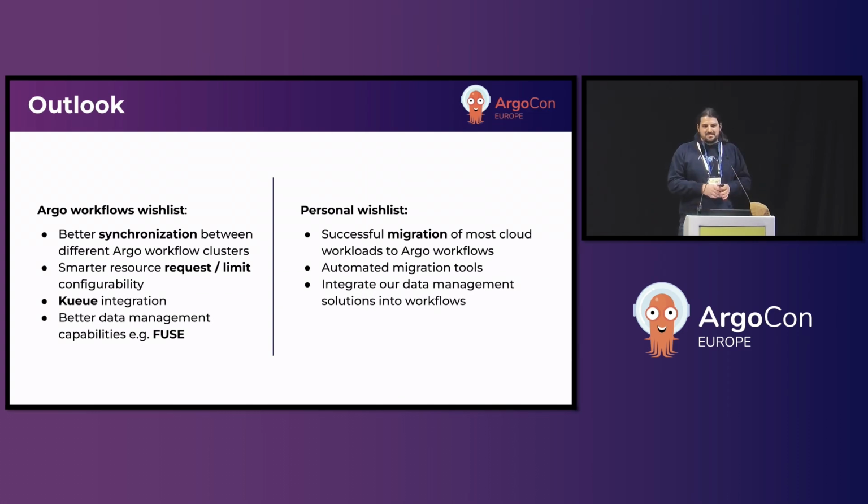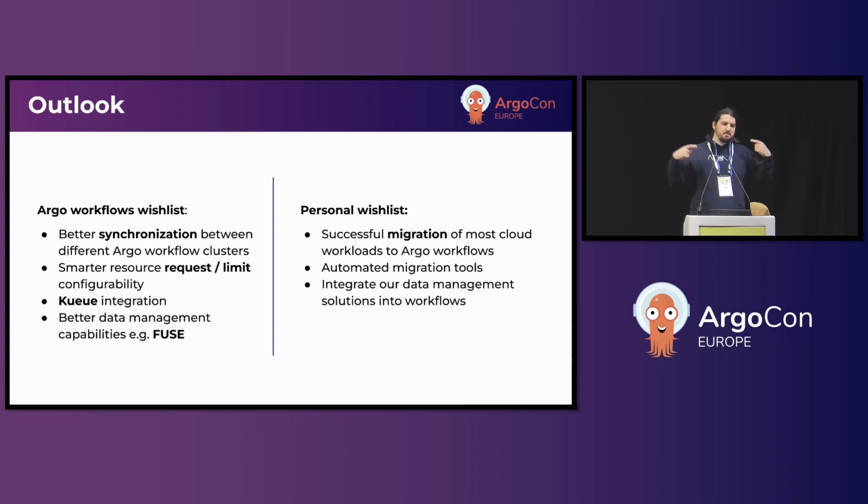A little bit smarter request and resource limits would also be quite convenient, because we had the problem that some of our workloads were unpredictable in their resource requirements, from 10 gigs to 100 gigs of RAM, and everything in between was used by them. And so having this a little bit more fine-tuned based on the previous requests would be quite nice.